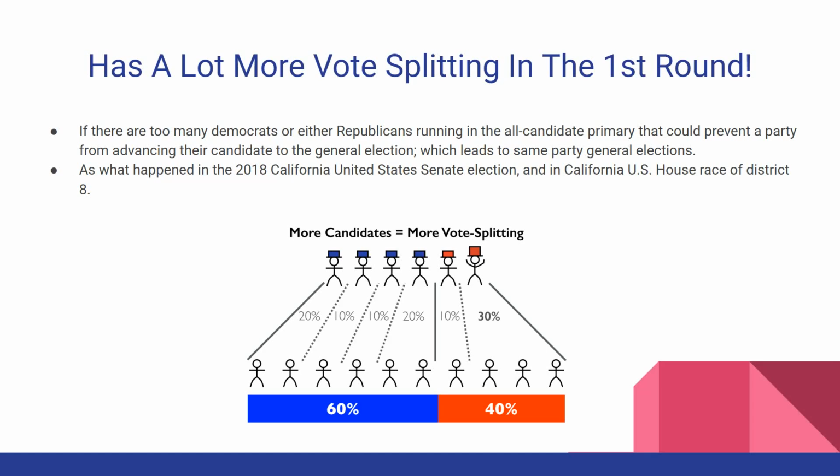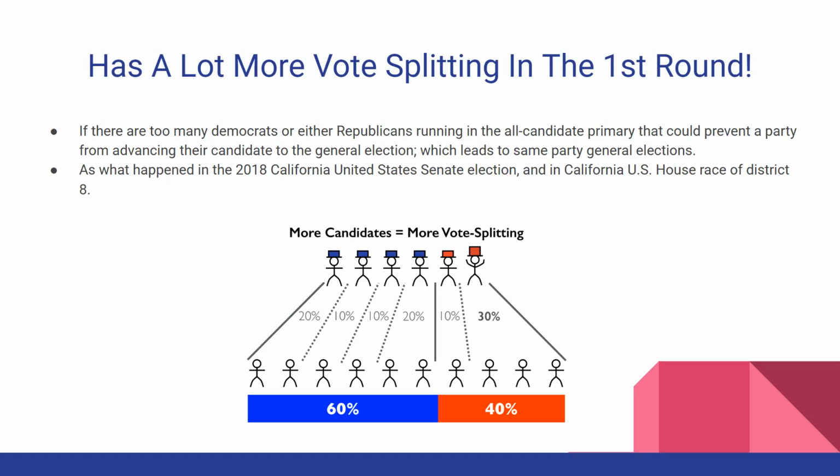So if there are too many Democrats or Republicans running in the all candidate primary, that could prevent a party from advancing their candidate to the general election ballot, which leads to same party general elections. It leads to 2 Republicans on the general election ballot or 2 Democrats on the general election ballot.